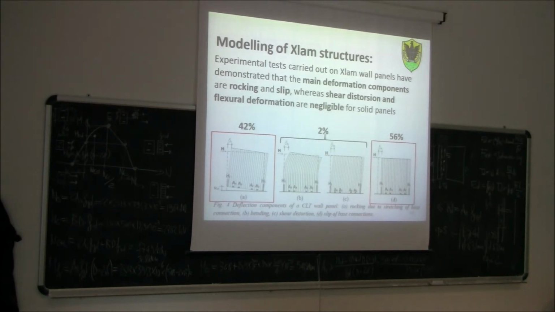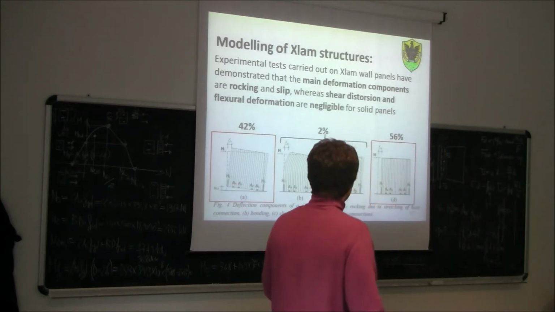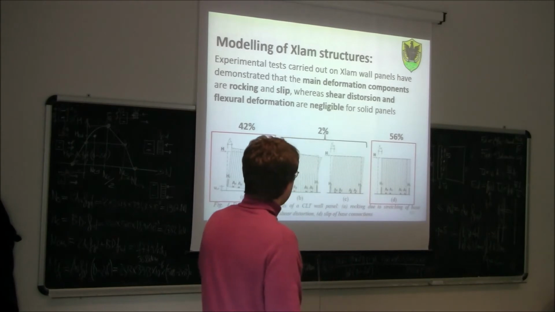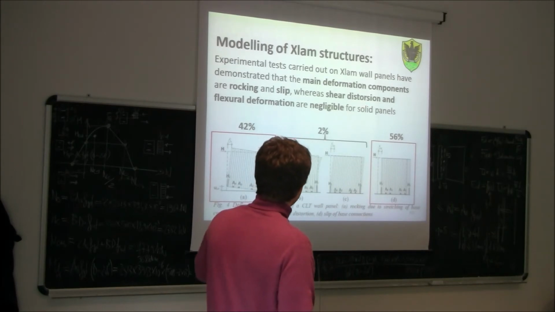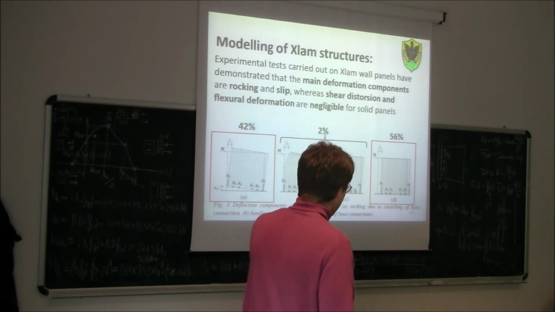Okay, now just one small comment on modeling of timber buildings, in particular modeling of cross-lam buildings. Several experimental tests were performed on cross-lam buildings connected to the foundation using connectors.